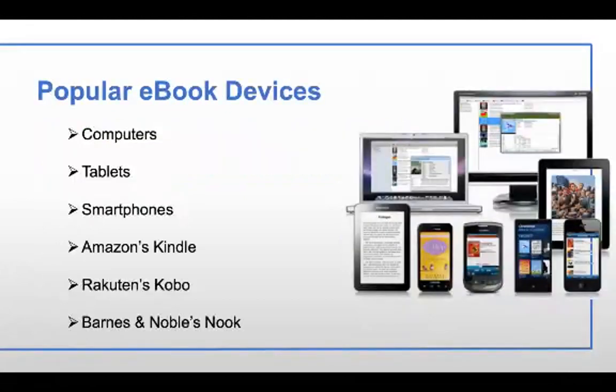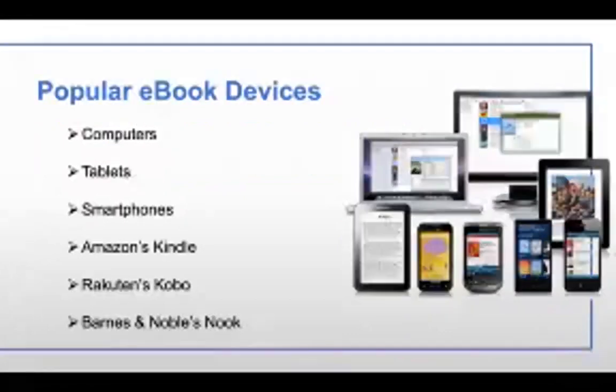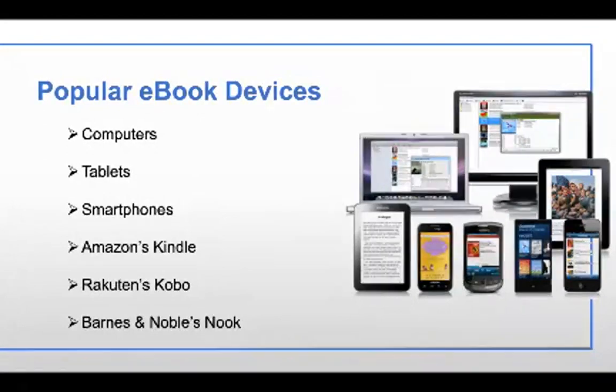Popular ebook devices: take the example of whatever device is available for digital information viewing and is readable and popular for reading ebooks. That could be computers, tablets, smartphones, and the most interesting one is Amazon Kindle. This is one of the best devices to read your books.